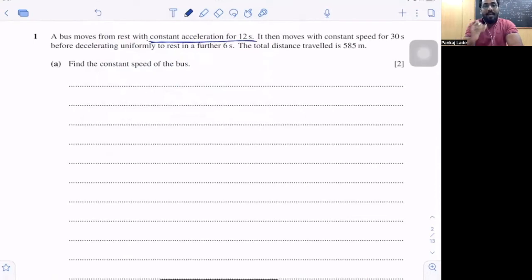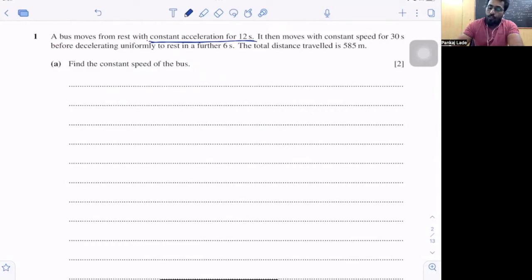If there is uniform acceleration, then the velocity will increase linearly. You want to remember this from the motion curves. We have learned this concept: if a body or a particle is moving with constant, or uniform, acceleration, then its velocity will be increasing linearly. For the first 12 seconds, there is uniform acceleration.